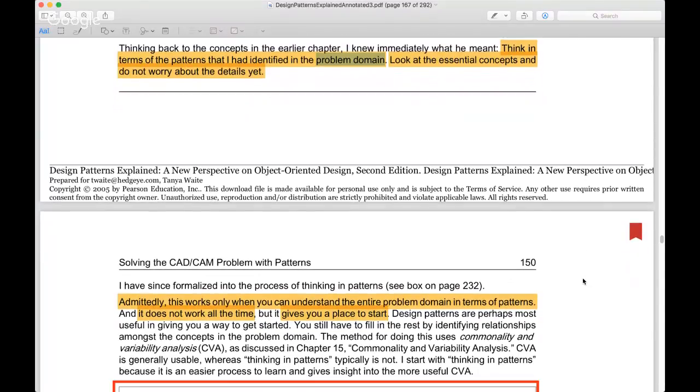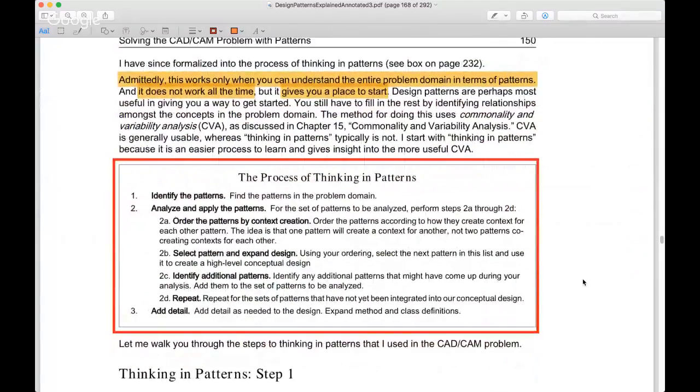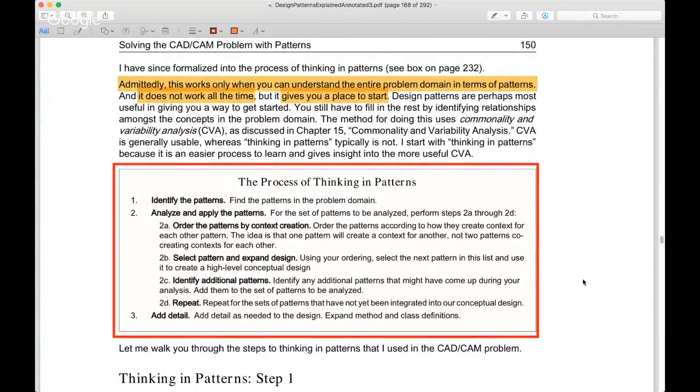So here's how you look at the essential concepts and kind of get what you want. So admittedly, this only works if you can understand the entire problem domain in terms of patterns. Meaning it doesn't work all the time, but it gives you a place to start. And that was what was really useful.